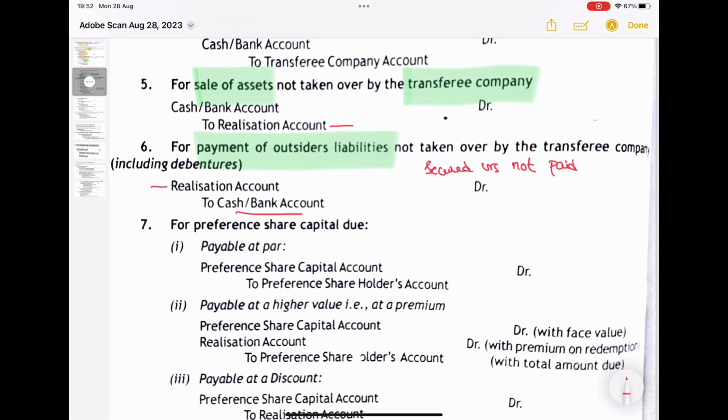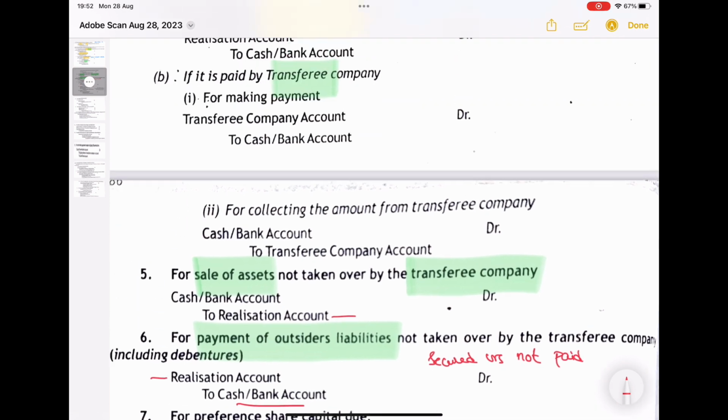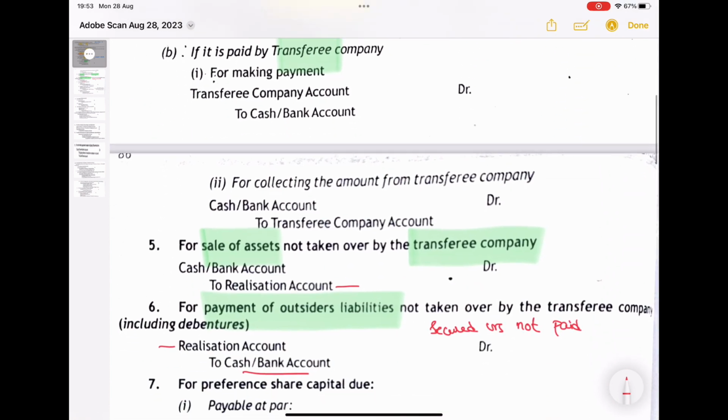Next, first see, there is an orderly manner. You have to look into the journal entries. In the first journal entry, we are going to realize all the assets. Next, I'm going to realize all my liabilities. After that, the third entry will be the purchase consideration entry, the PC entry. The fourth entry is related to the realization expenditure entries.